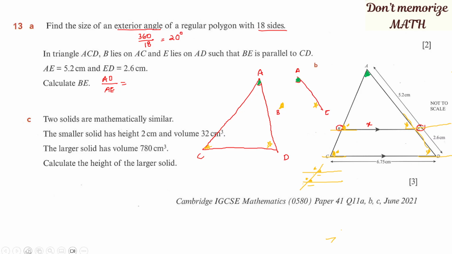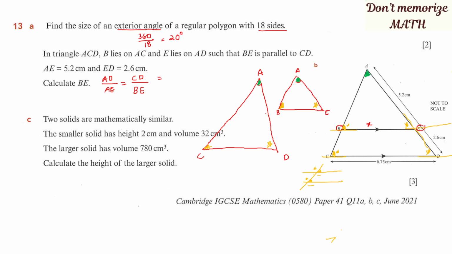I'll just draw one more time. I will complete this because I accidentally pressed the eraser. Okay, so AD over AE is equal to CD over BE. Why like this? Because AD and CD are from the same triangle and AE and BE are from the same triangle.